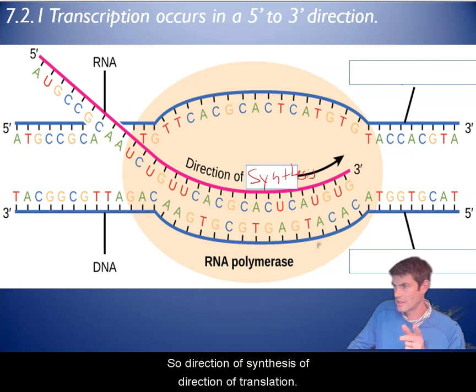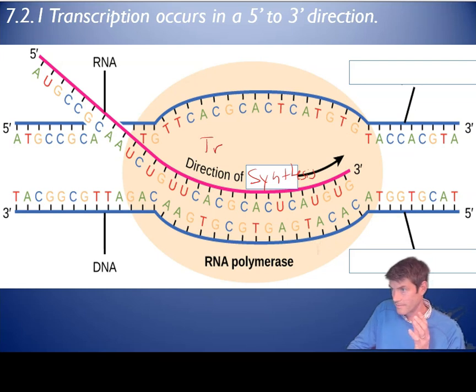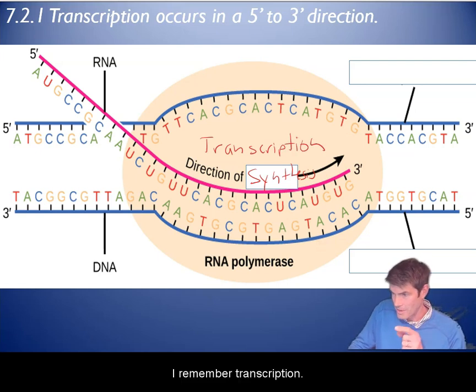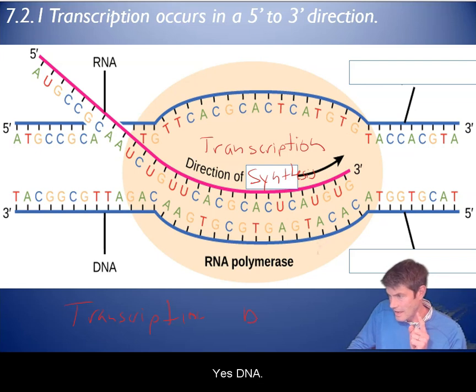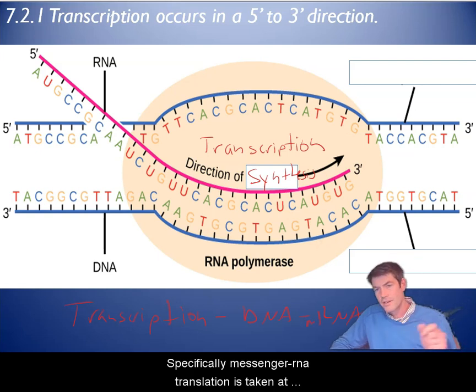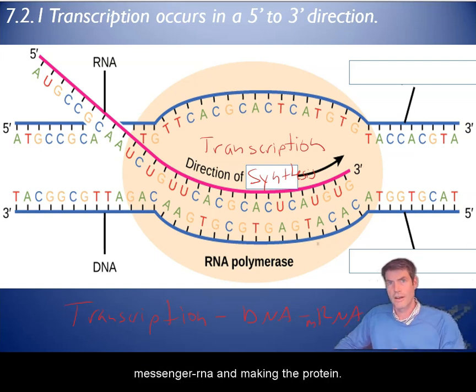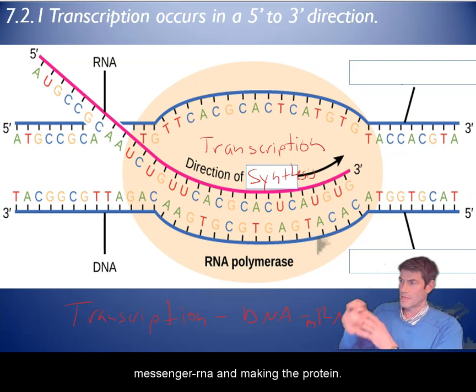So direction of synthesis for transcription. Remember, transcription, because those get mixed up all the time, like I just did, is DNA to RNA, specifically messenger RNA. Translation is taking that messenger RNA and making the protein.